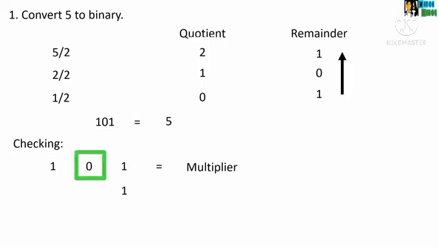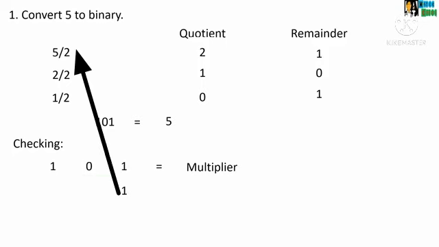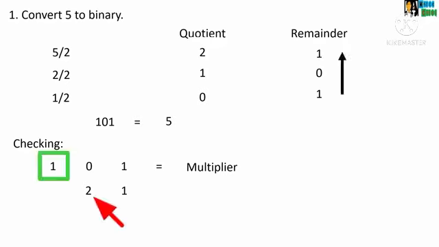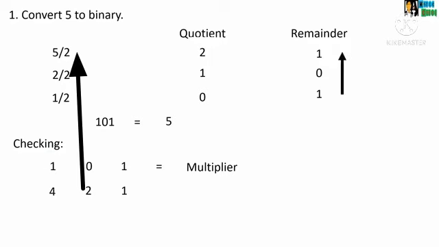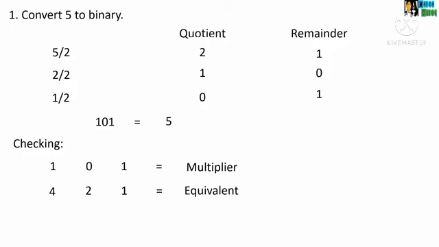Next, let us get the equivalent of 0. So 1 times 2 is equal to 2. In getting the equivalent of 1, 2 times 2 is equal to 4. So that is the equivalent.